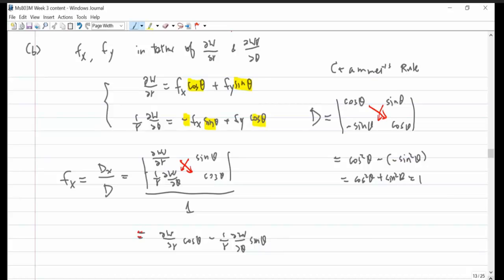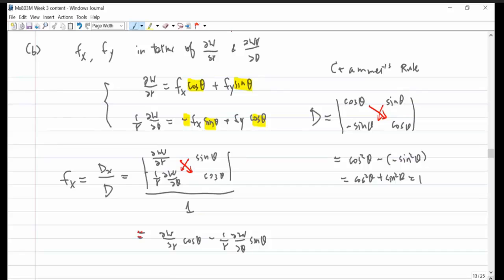So this is how we get fx. This is how fx is done. You can use Cramer's rule, very straightforward. Just replace the first column of D by the right-hand side, the numbers you want to replace.